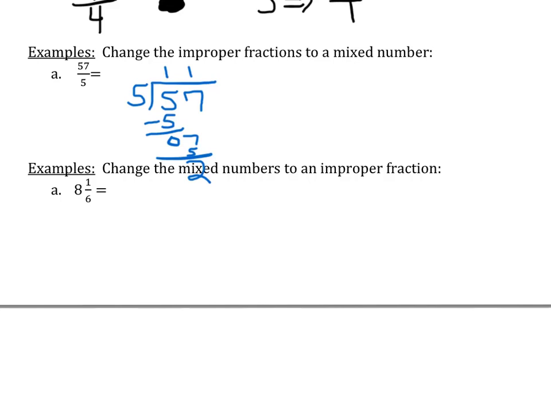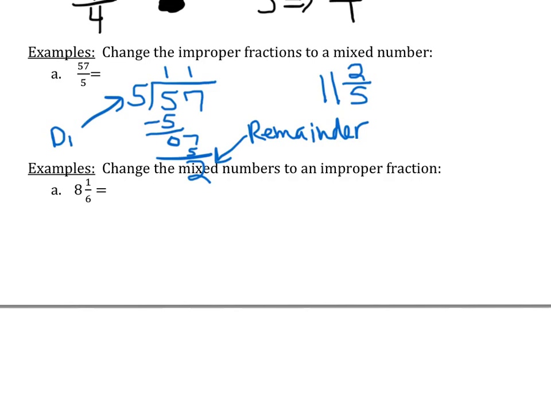So if I want to write this as a mixed number, it's going to be 11 and 2 over 5. This is your remainder, and this is your divisor. And this, once again, is your quotient. But this would be our final answer, 11 and 2/5.